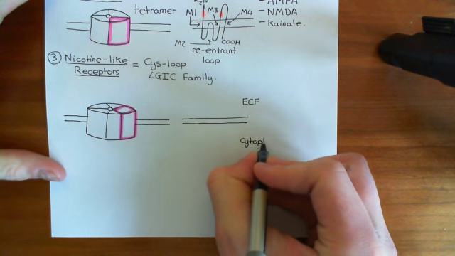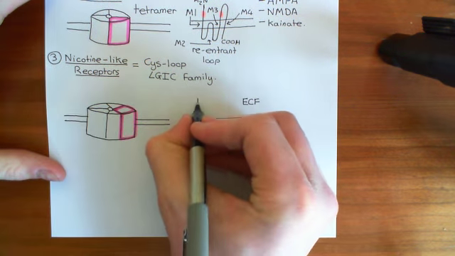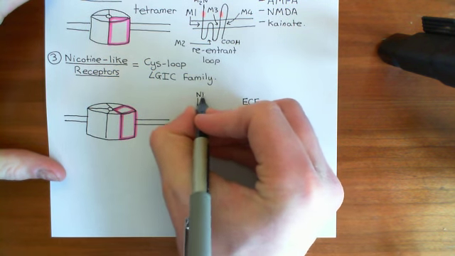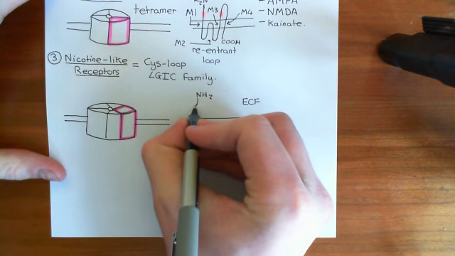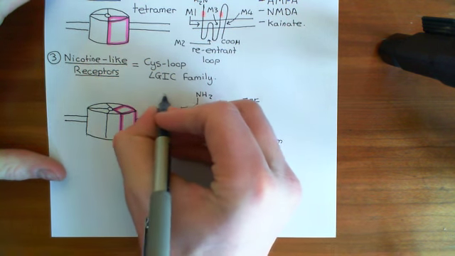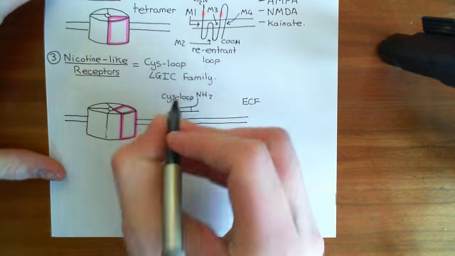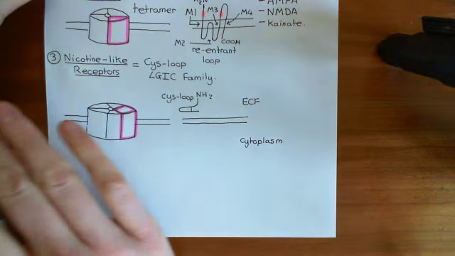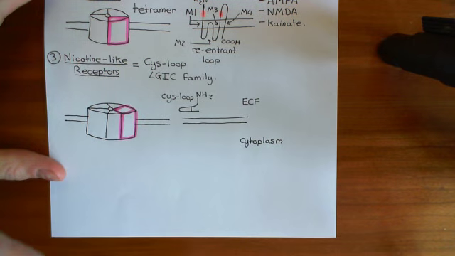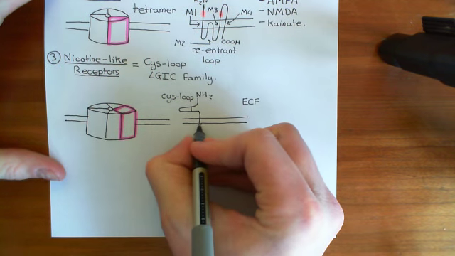For the subunits of nicotine-like receptors, you have the amino terminus extracellularly. Then you have, in the extracellular domain, a special structure called a cis loop, and this is conserved among the subunits of whichever cis-loop ligand-gated ion channel you're talking about. So that's always conserved there.